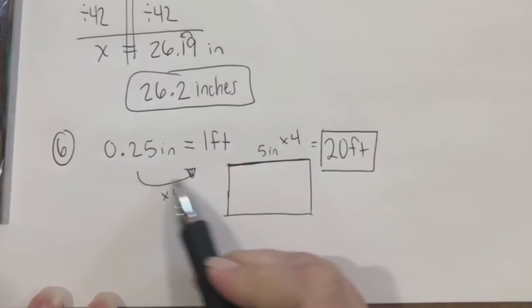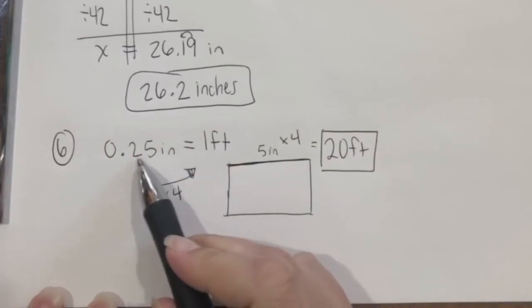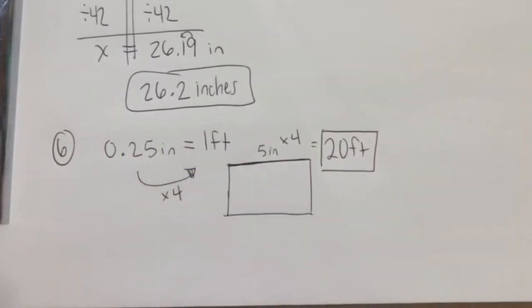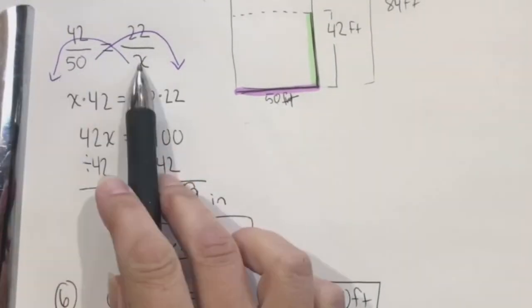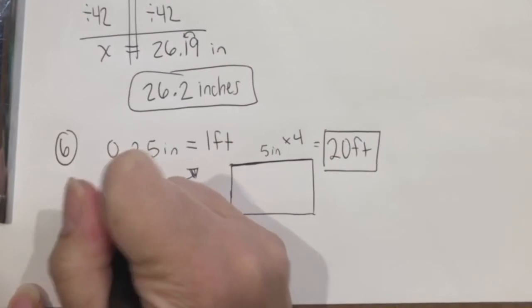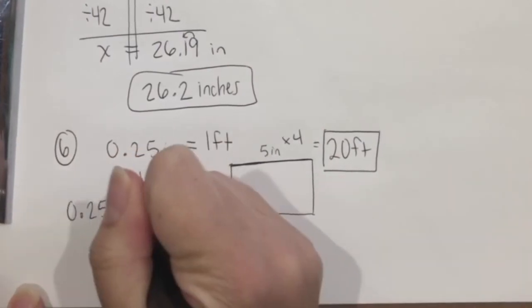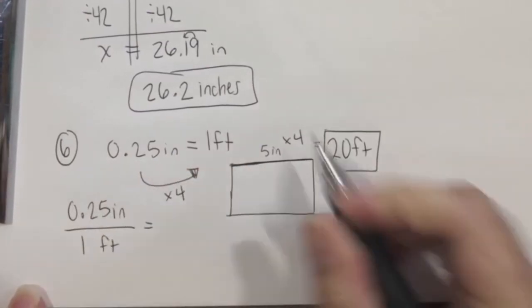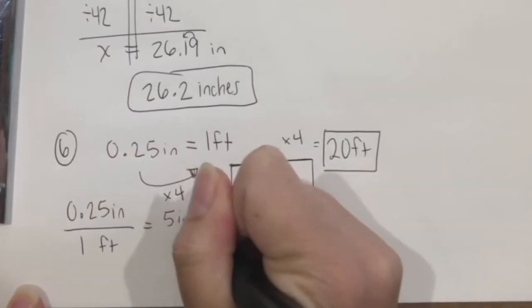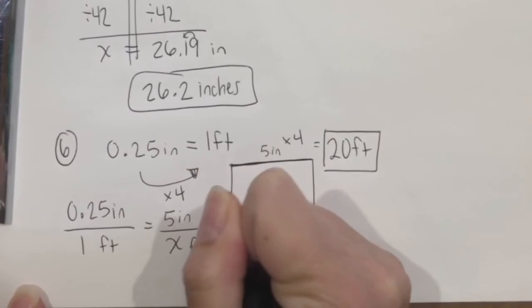If it wasn't as easy to solve, if it wasn't 0.25 times 4 is equal to 1, we could always set it up as a pair of equal ratios like this. 0.25 inches is to 1 foot as 5 inches is to X number of feet.